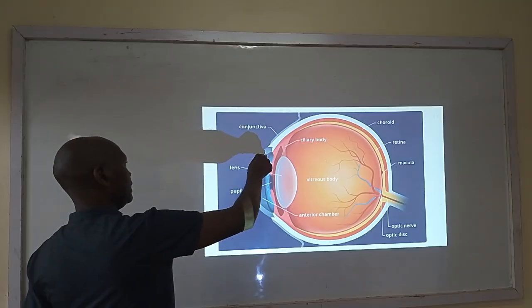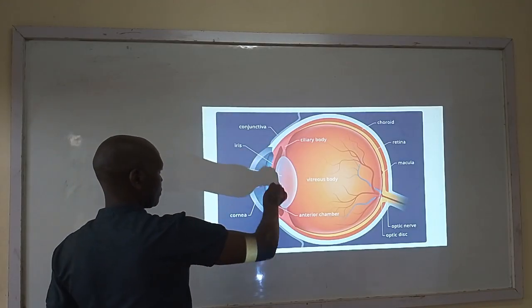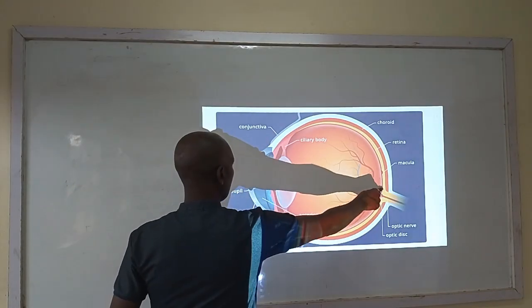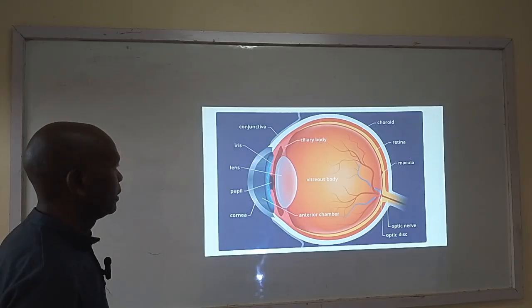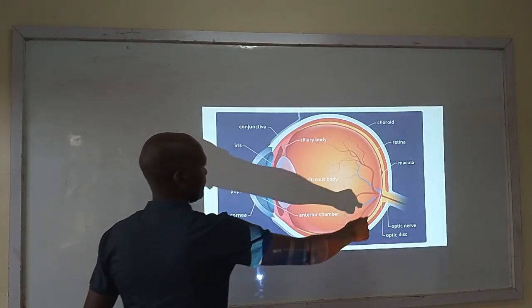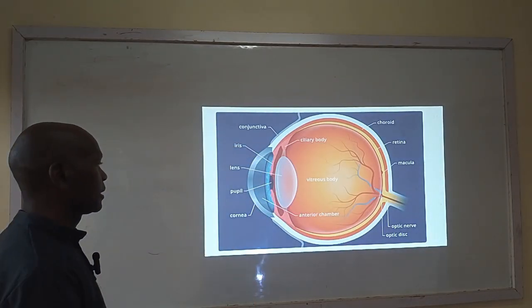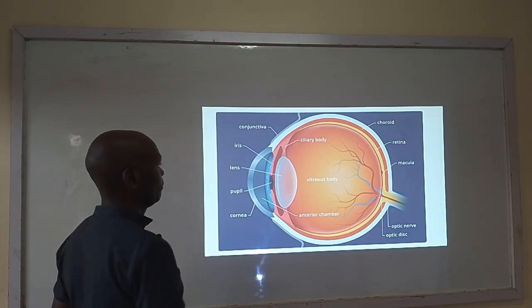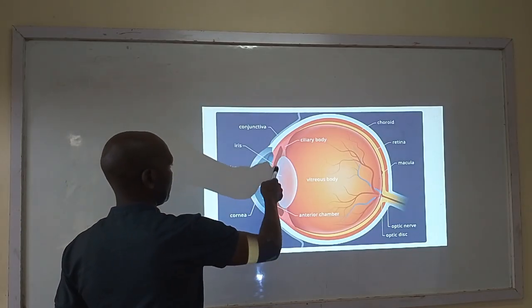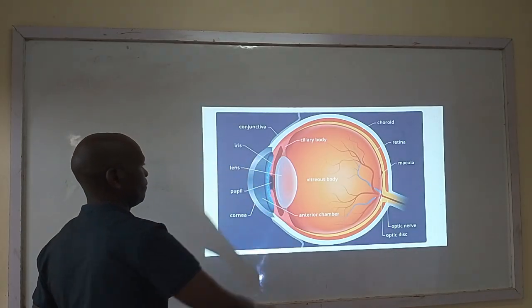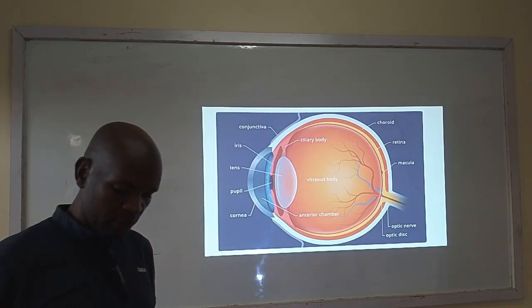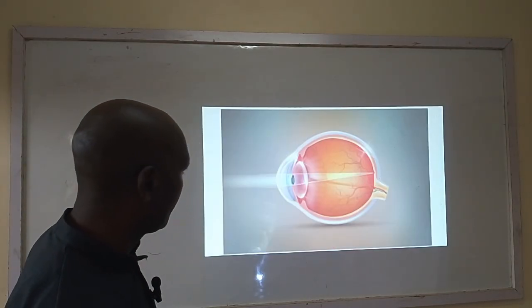When there is any blockage on any of these structures, then light will not get there. If light will not get there, then it means you will not be able to see. So this is the main culprit. This is the lens here, the main culprit when it comes to cataracts. We shall see.